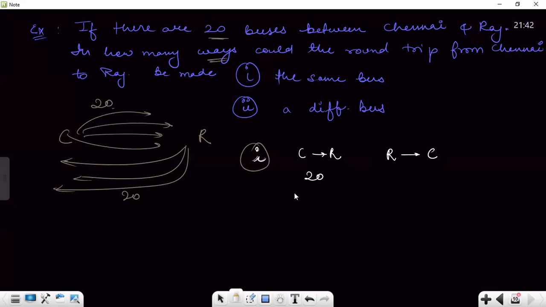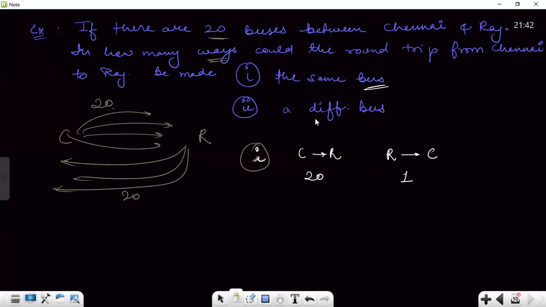Let's say I have chosen the 17 number bus for going from Chennai to Rajasthan. Now when I have to go from Rajasthan to Chennai, I have only one choice, that is the 17 number bus. So how many choices are available for going from Rajasthan to Chennai? One, when I have to take the same bus.